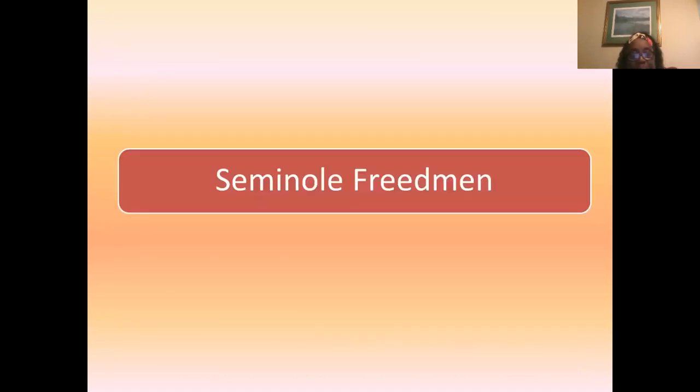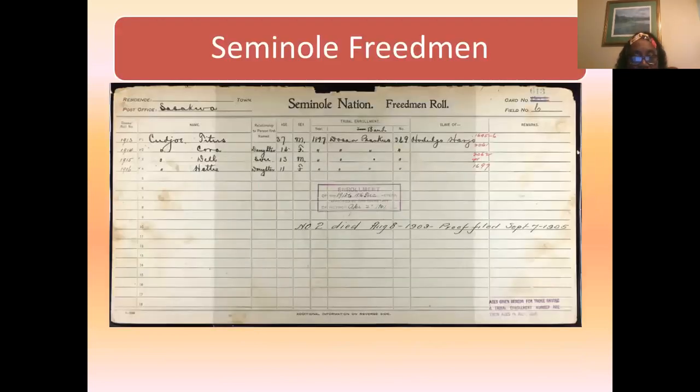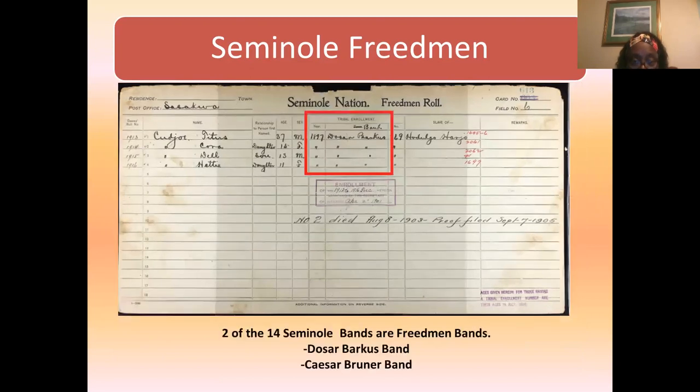Seminole Freedmen, I made a reference to them a minute ago. Their structure is a structure of bands, tribal bands. And there are multiple bands, but there are two freedmen bands in particular, the Dosar Barkus Band and the Caesar Bruner Band.